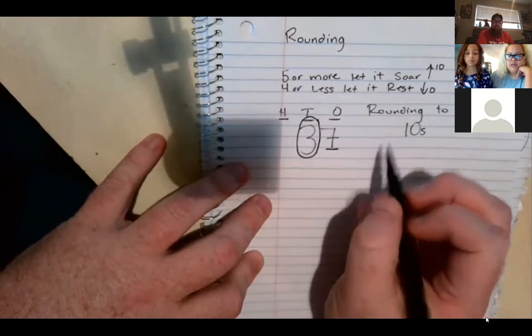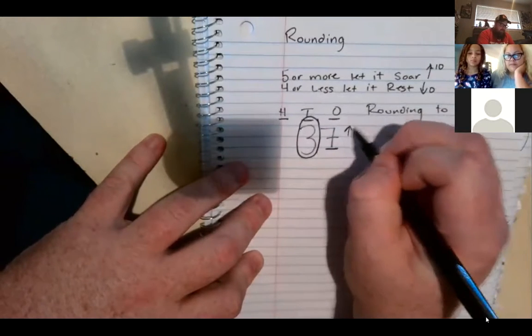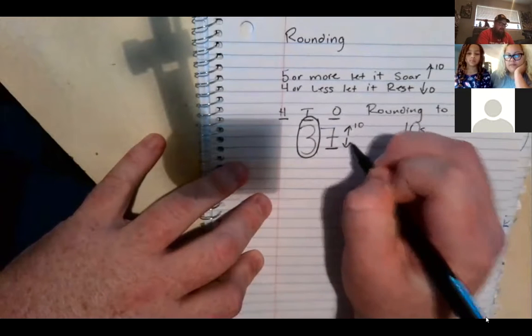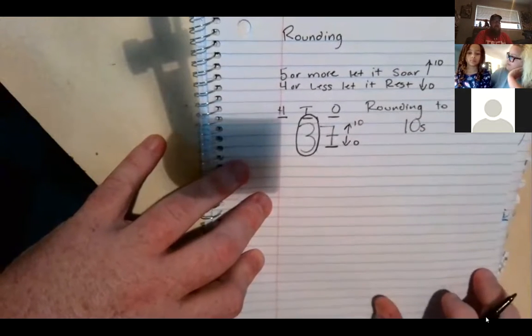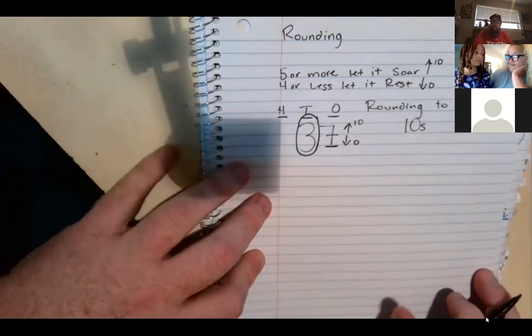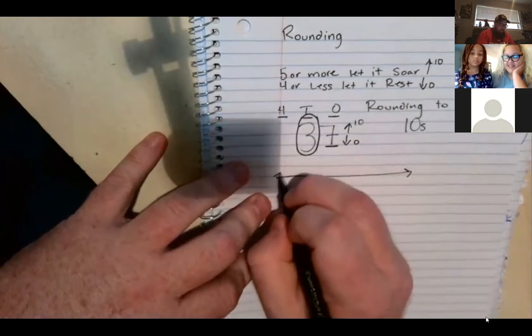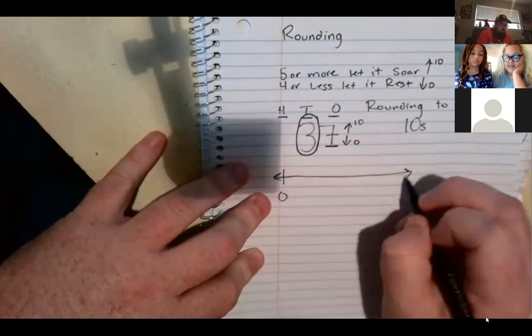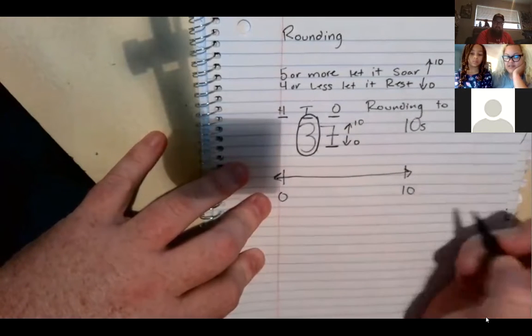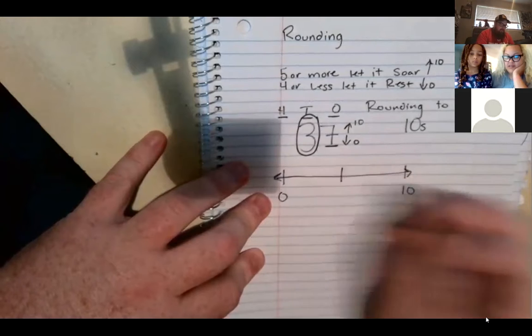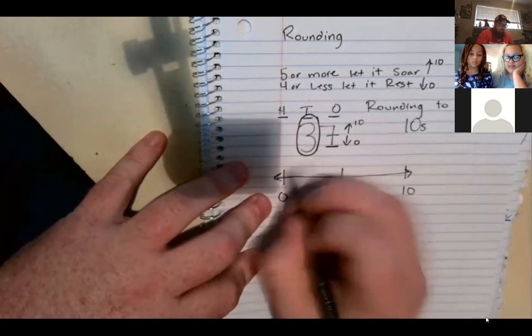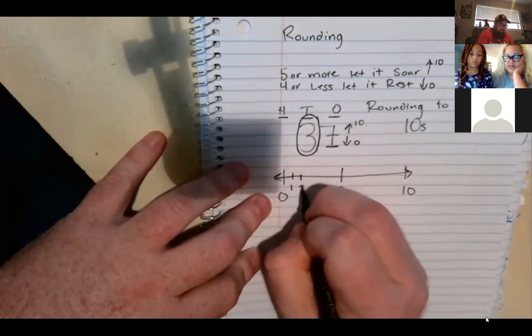Now we need to ask ourselves, does 7 go up to 10 or would 7 go down to 0? A couple different things we did to help us with this is we looked at just a basic number line from 0 to 10. And of course, 5 is our middle. So we're going to label our number line.